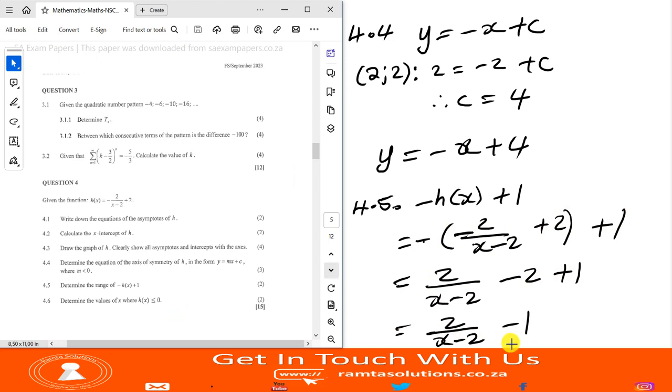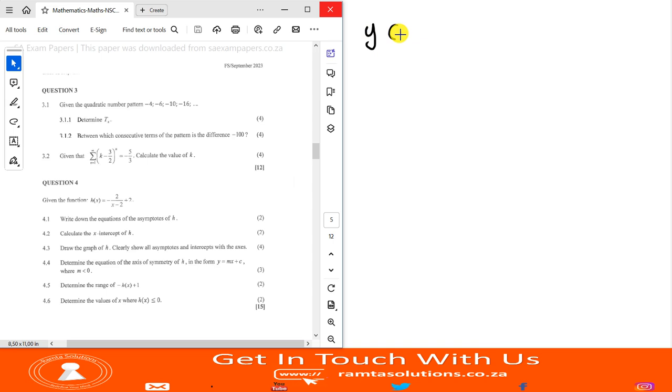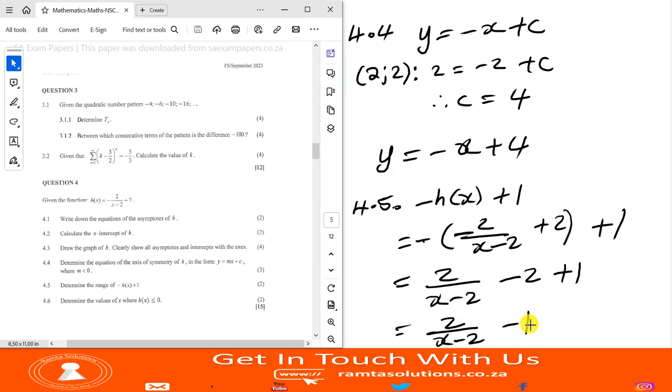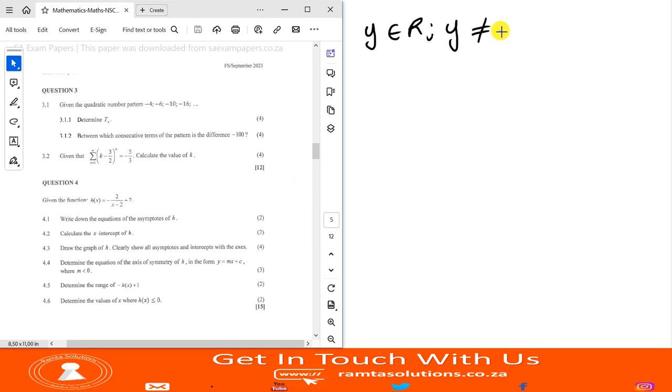So now with the range, as you know, with regard to a hyperbola, it can take all y values but not the horizontal asymptote. Okay, so by so saying, we say y is an element of real numbers. However, y should not be the value of the horizontal asymptote. What is the horizontal asymptote in the question we're dealing with right now? It is negative 1. So y is not equal to negative 1.